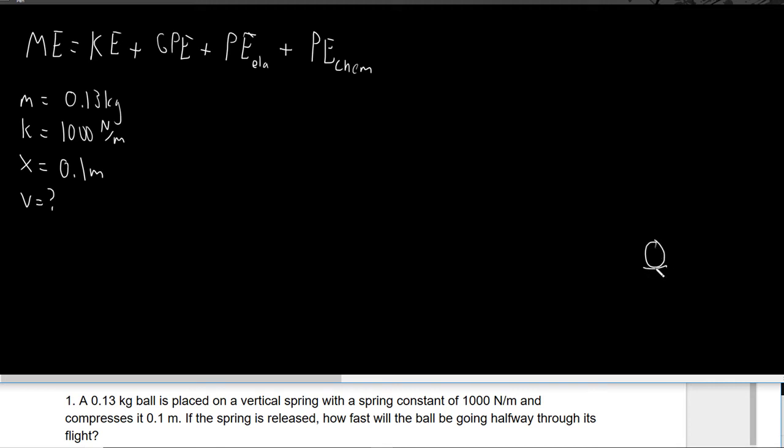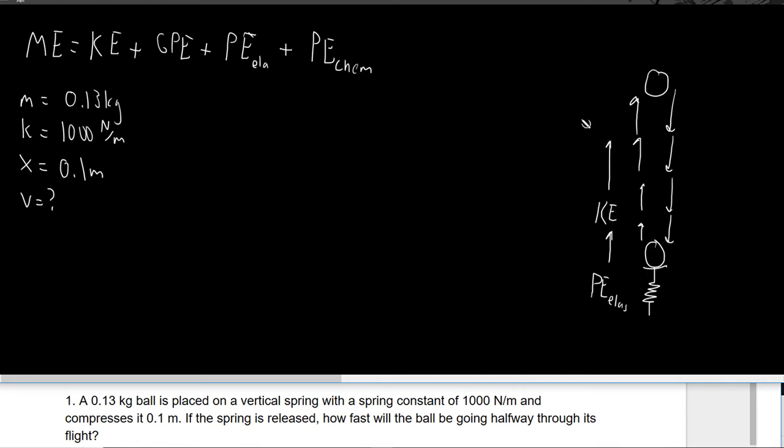All right, so essentially, I've got a ball, push it on a spring. We push it down, and then once that spring is released, we know that the ball is going to fly up, and the ball is going to stop, and then the ball is going to come back down. So really what we see is we have elastic potential energy that becomes kinetic energy and then that kinetic energy becomes gravitational potential energy.